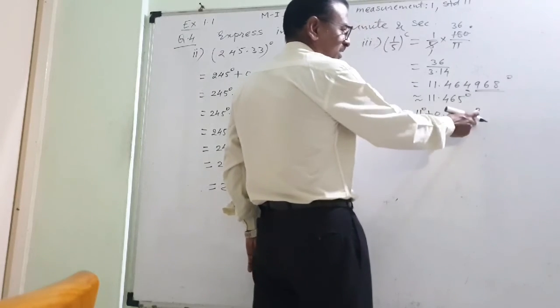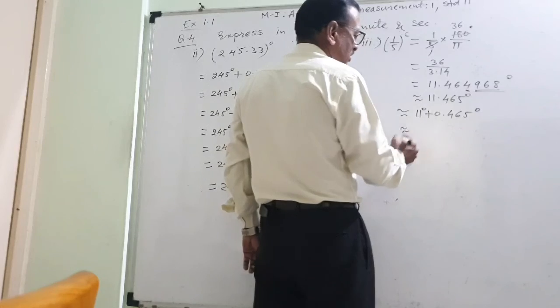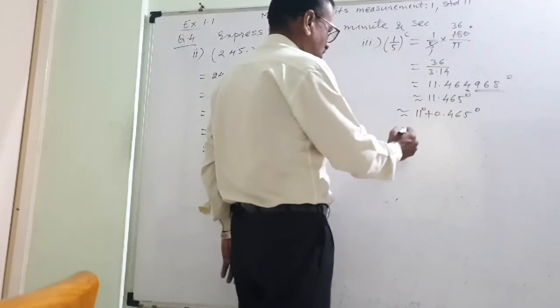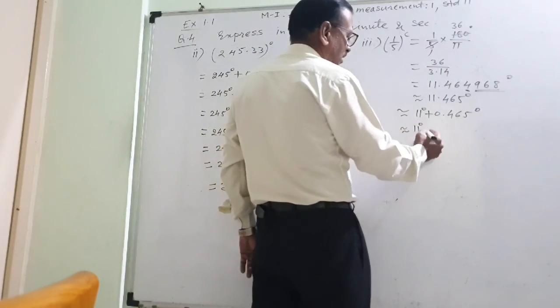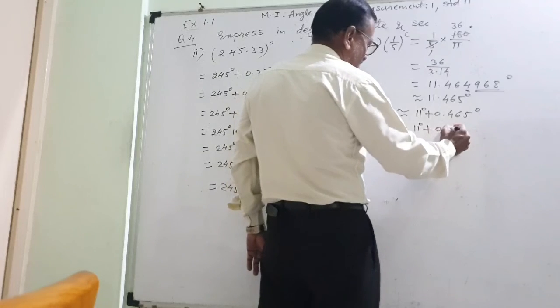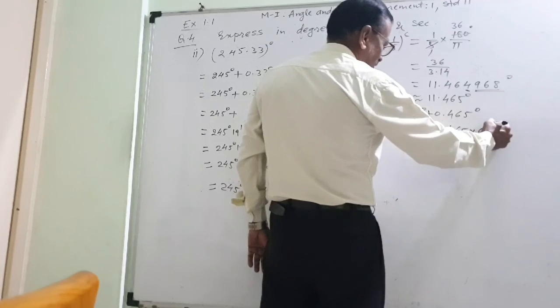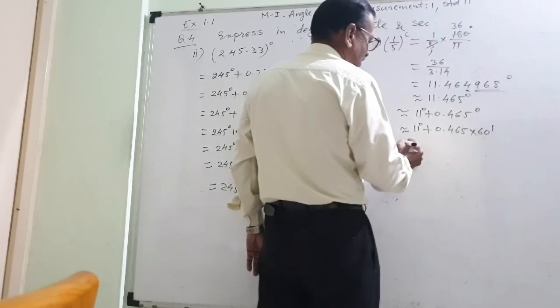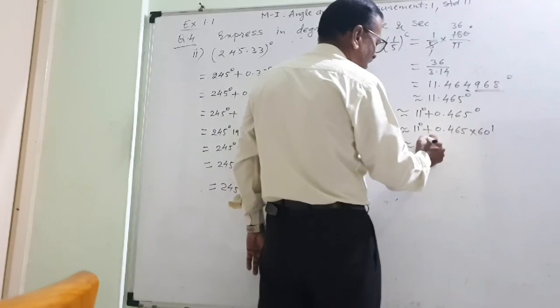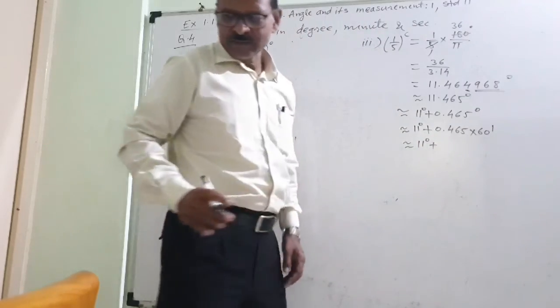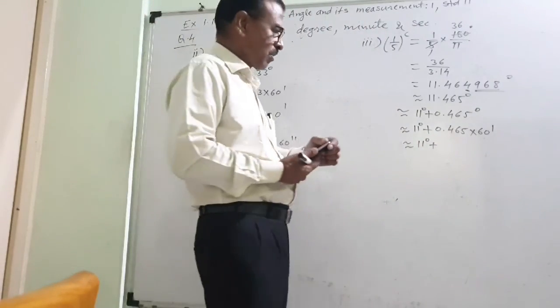This is full degree, this is decimal degree. That is approximately equal to, you can write equal to also. So 11 degree plus 0.465 into 60 minutes. So that is equal to 11 degree plus, this multiplication also I will do.